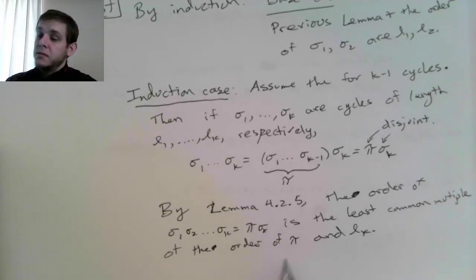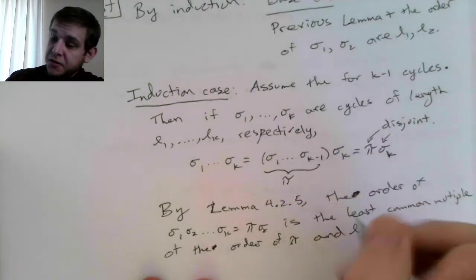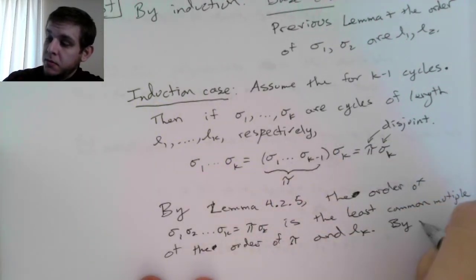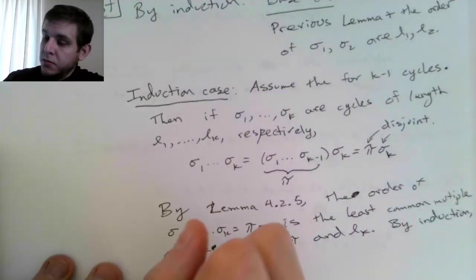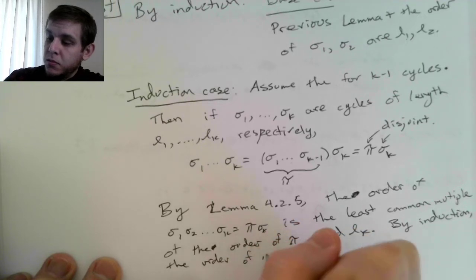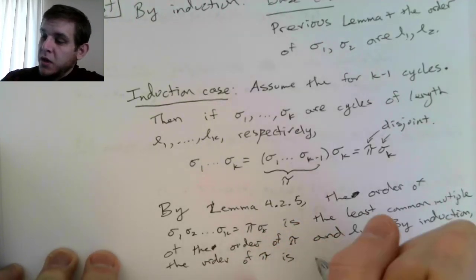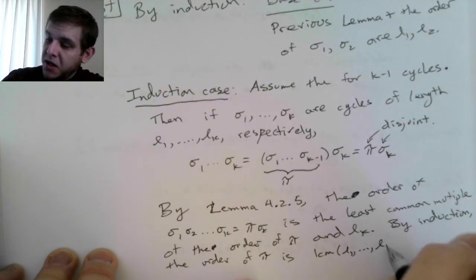But the order of pi by induction is this least common multiple of L1 up through Lk minus 1.